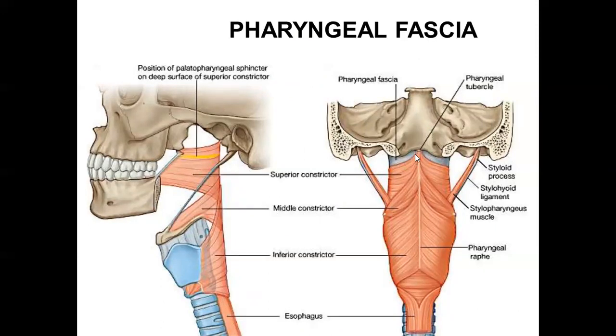First, at the base of the skull, where it fills the gap between the superior constrictor muscle and the base of the skull, and another point posteriorly, where the raphe formed by it is known as the pharyngeal raphe.